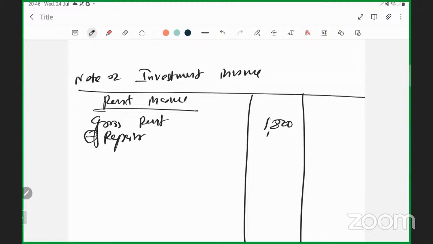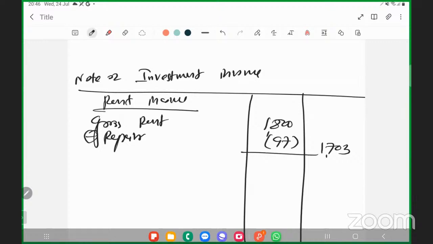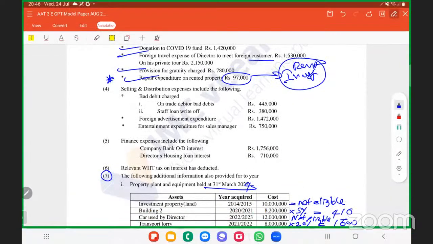There is no need to compare the actual repair with the 25% gross rental. The 25% gross rental allowance is only applicable for an individual. Therefore, here 97 you can deduct as an expense. So the taxable rent income is 1,800 minus 97, that is 1,703.